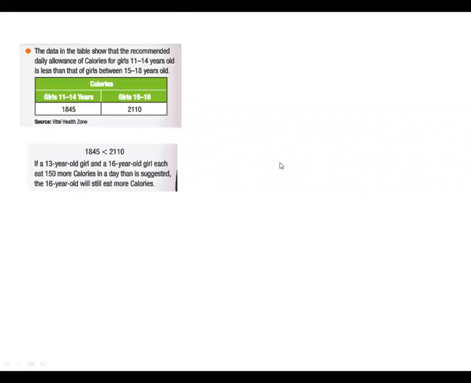So just a little problem to give you an idea of how this stuff works in the real world. The data in the table shows the recommended daily allowance of calories for girls 11 to 14 years old, right here, so 1,845, is less than the girls between 15 and 18 years old, so 2,110.